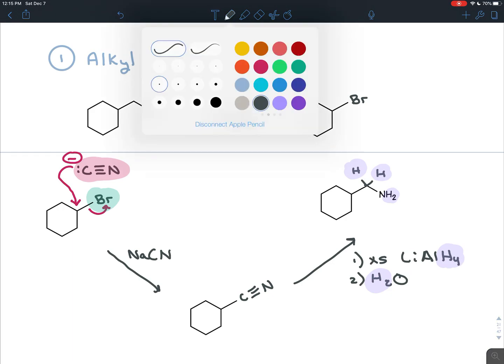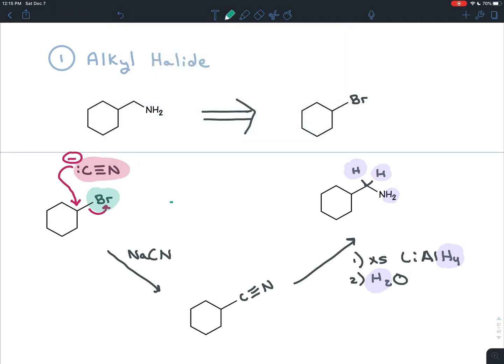So that overall, you could make this transformation happen. You can make this amine from an alkyl halide. First, by figuring out what alkyl halide you need, and then treating the alkyl halide with sodium cyanide, that would give us the nitrile, and then follow that up with a strong reducing agent, excess lithium aluminum hydride, and then a water wash.